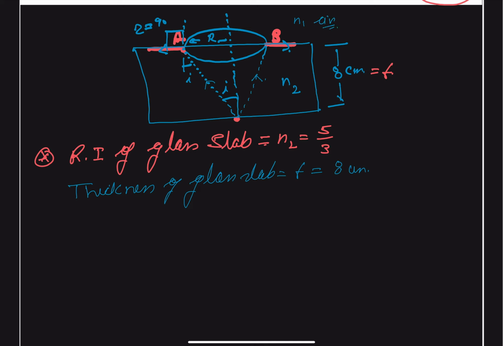So we can use Snell's law, and we are also going to use the critical angle, because total internal reflection is going to take place.